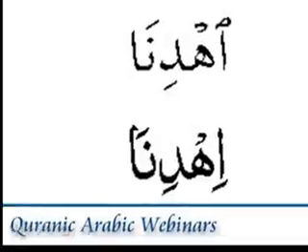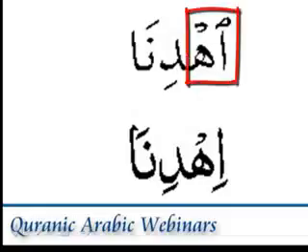Another example is this word, which is in your prayer, ihdina. Again, top is Uthmani, bottom is Majidi. Same thing again, we have the Hamzatul Wasl. In this case, we don't have the lam after, because this is an imperative word saying guide us.